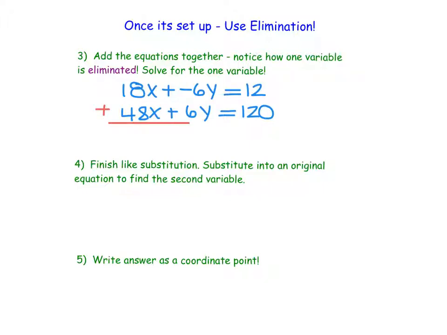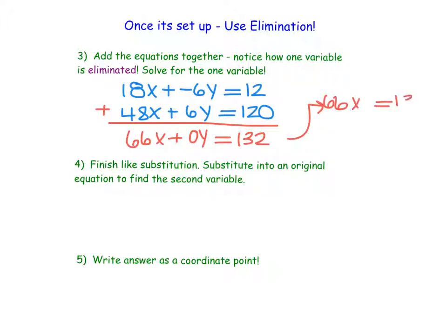So we're going to add these two equations together. 48x and 18x added together give us 66x, plus this becomes 0y, is equal to, these added together, 132. So what I have here is the equation 66x is equal to 132.